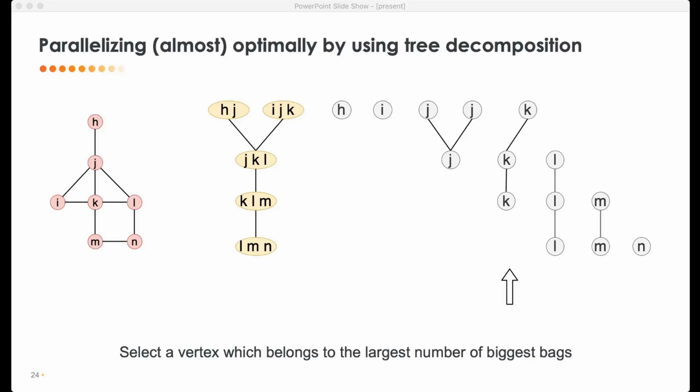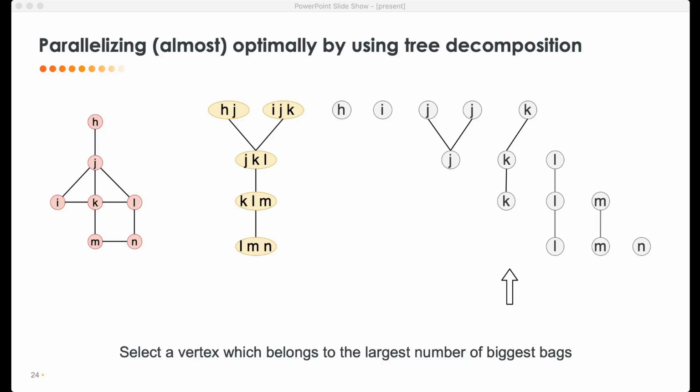This is the idea of our article. Let's take the graphical model from our example. If you are running variable elimination, then first you need to select the order of variables to eliminate. As we have seen, selection of the order is equivalent to some tree decomposition. Now let's recall a property of tree decompositions.